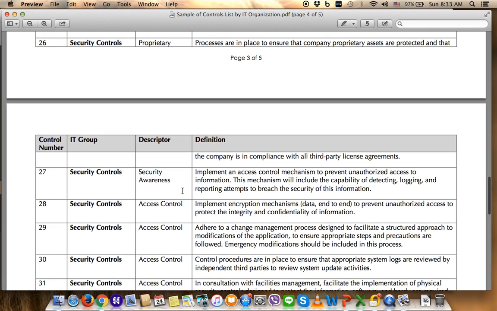So the next is data privacy, or we can say the data ownership, and process are in place to ensure that the company can work with the data privacy or data protection as an asset owner, that we can protect that the company is in compliance with all third-party license agreement.